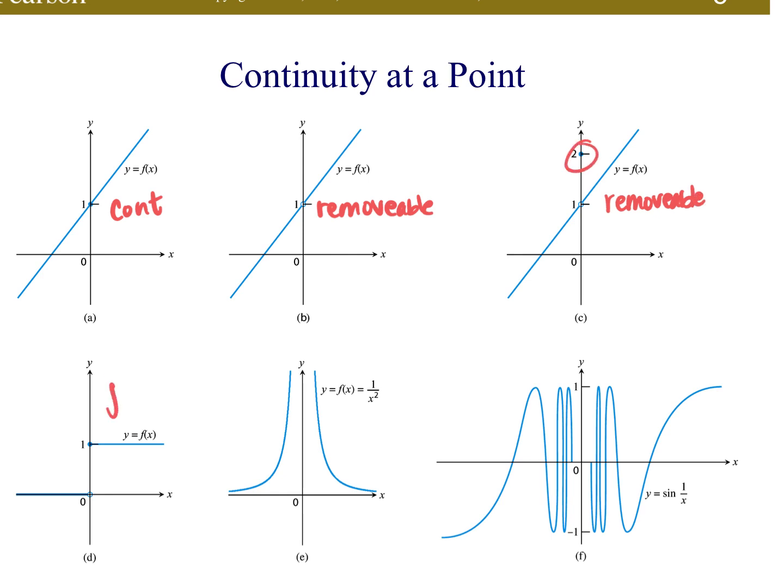We have our jump discontinuity. We have an infinite or asymptotic discontinuity, and you can tell that there is an asymptote running down the y-axis. And then we have our oscillating discontinuity. The graph of sine of 1 over x is a famous example of that, where the farther you zoom in, the more and more positive and negative values you see.